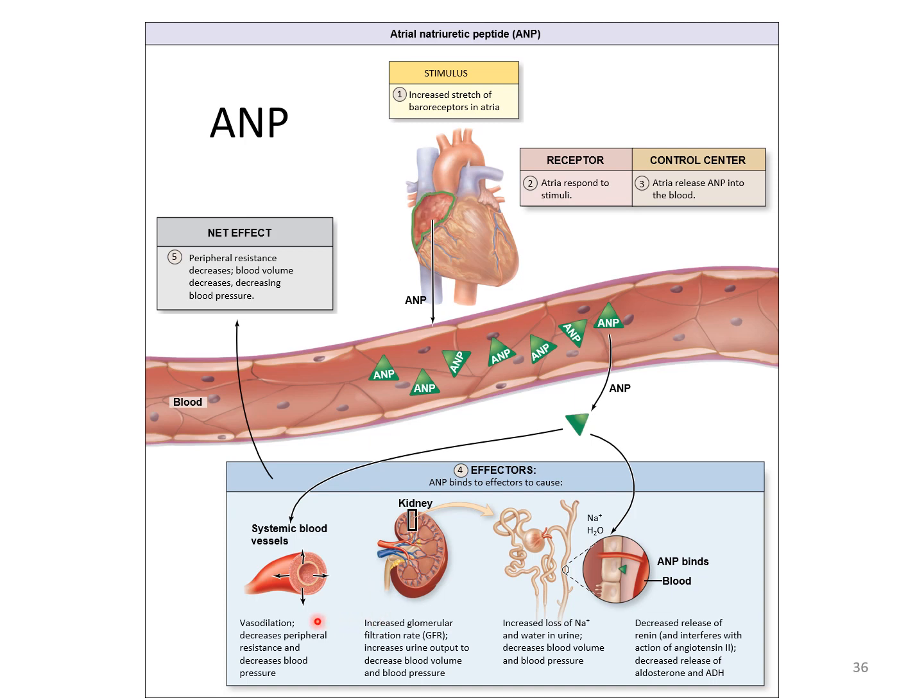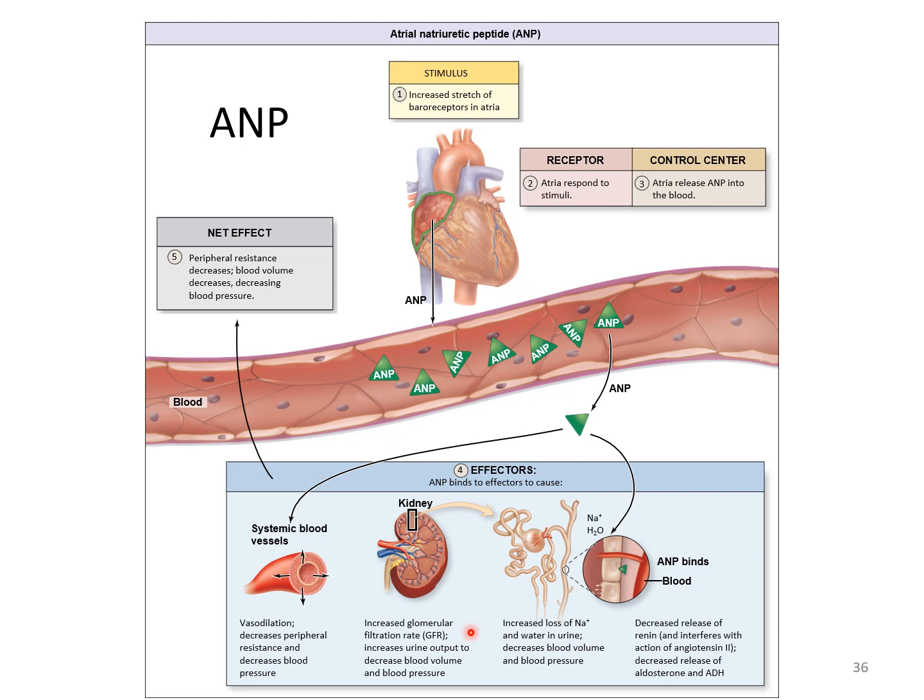Okay, so vasodilation of systemic blood vessels is going to decrease peripheral resistance, and it's also going to decrease blood pressure. It's going to act at the kidneys, where it increases glomerular filtration rate, or GFR. So remember, I said anytime we increase glomerular filtration rate, that's going to increase the amount of urine that gets produced.